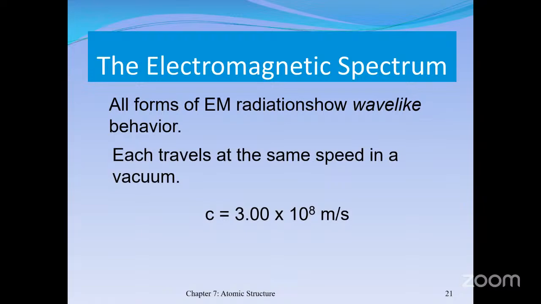So the difference between them basically are the frequencies and wavelength, because when they multiply, they're going to be equal to 3.00 times 10 to the 8 meters per second. And we typically use the letter C to represent the speed of any form of radiation. So we can rewrite the equation we saw earlier. Frequency times the wavelength is equal to C, right? And that is for electromagnetic radiation.